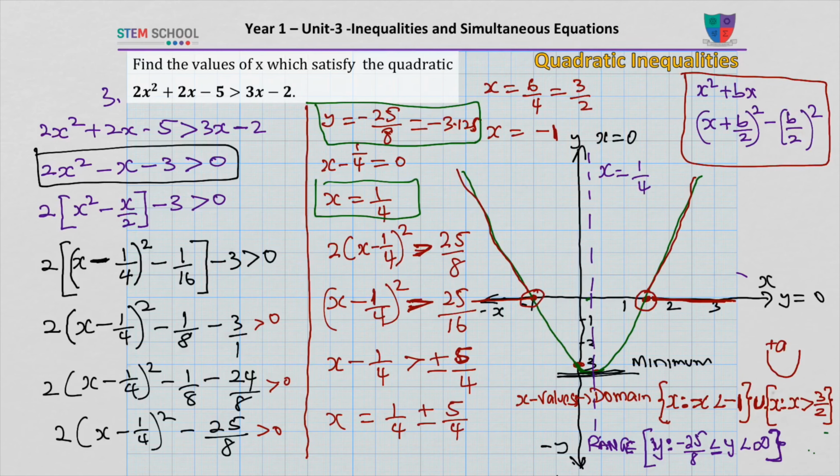You can always find the line of symmetry, or the turning point, by using x equals minus b over 2a. As you can see, b is minus 1, so minus minus 1 is 1, over 2 times a, which is 2, so that's 4.